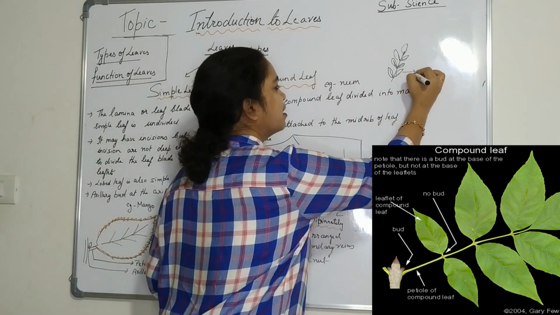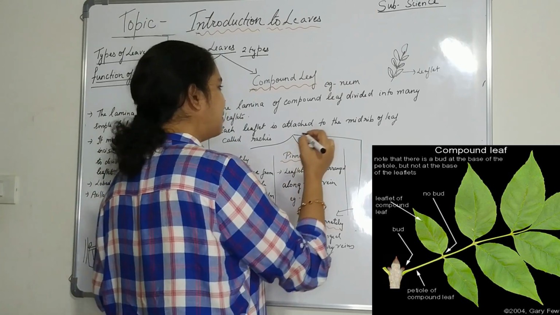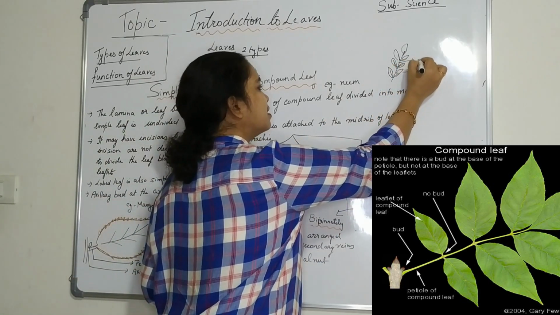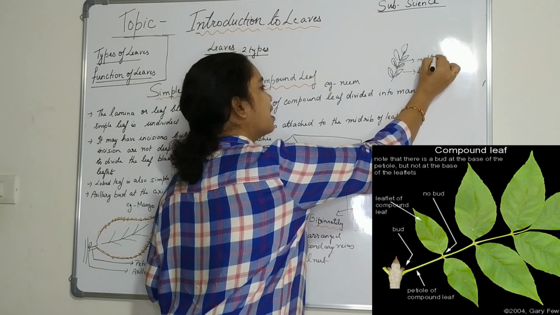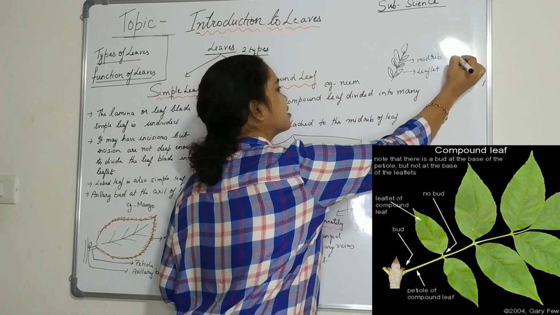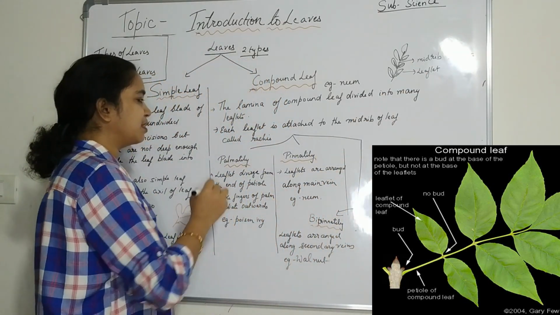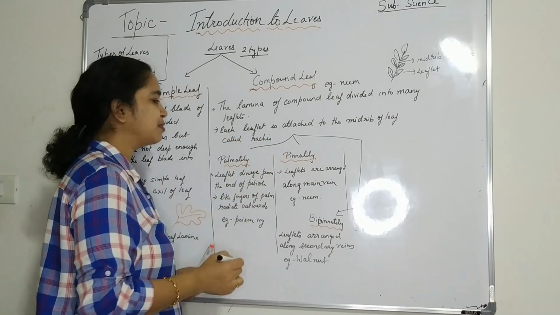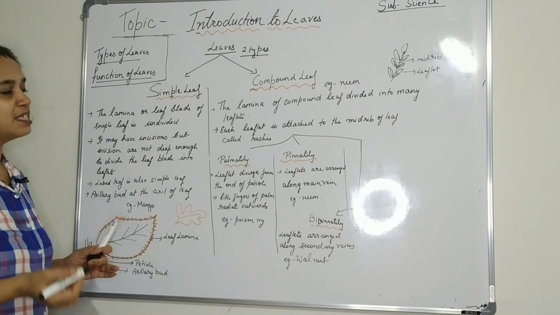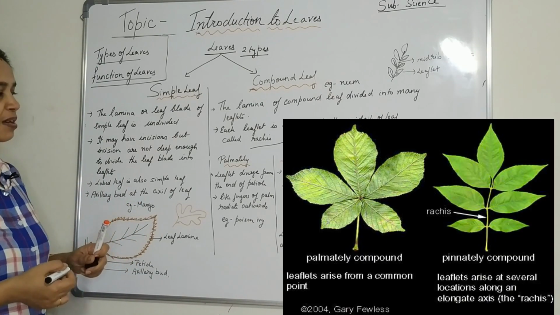This is called the leaflet, and this leaflet is attached to the midrib. This is the midrib, and in the compound leaf it is called the rachis. Each leaflet is attached to the rachis, and this compound leaf can be seen in neem. For simple leaves, a good example is mango.